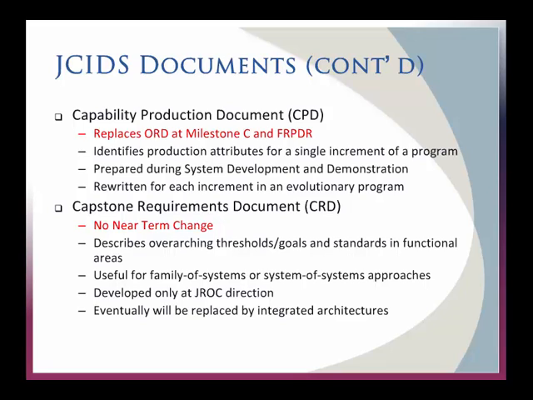We're still talking requirements at this point, of how you link that requirement to where money is now going to flow and we're going to build something. And then lastly is the capstone requirements document, the CRD, which was kind of there before, and it describes overarching thresholds, goals, standards in the functional area.